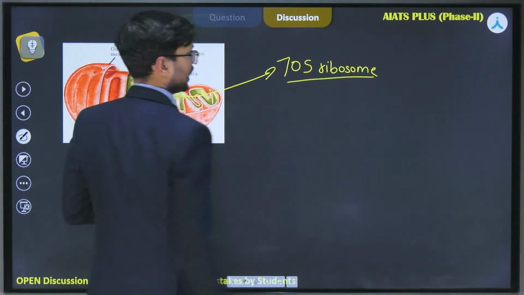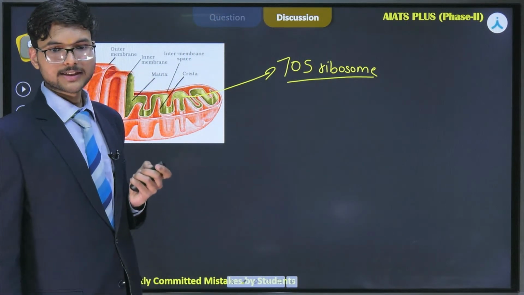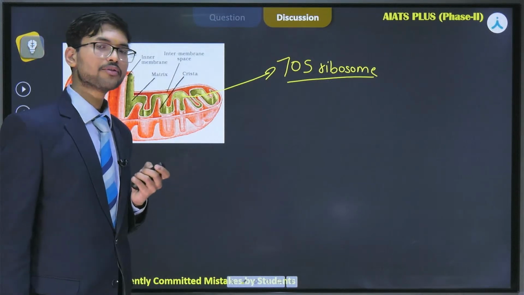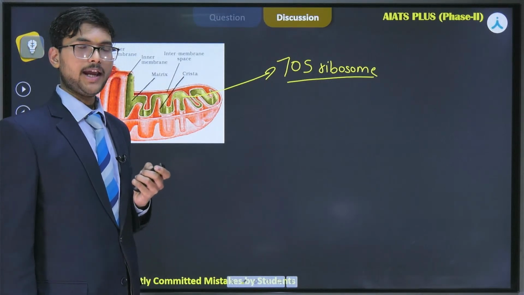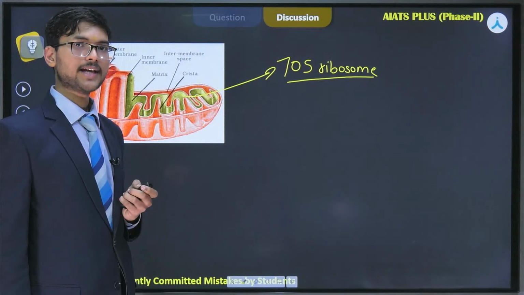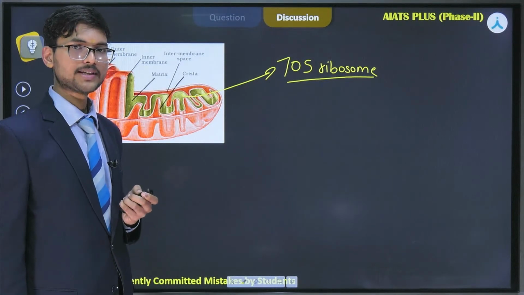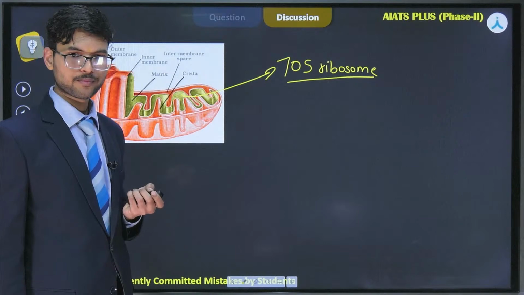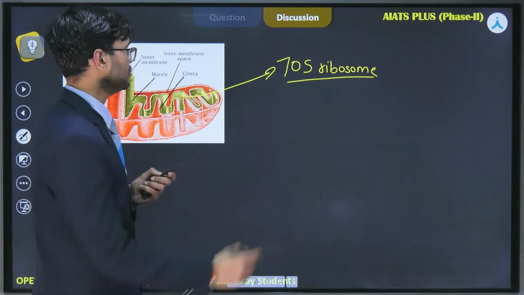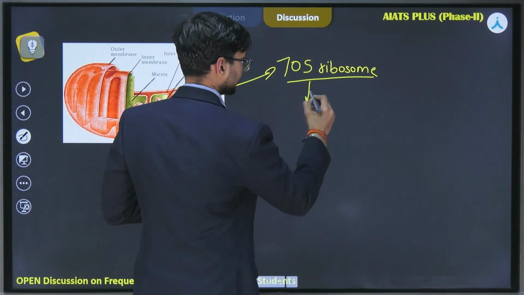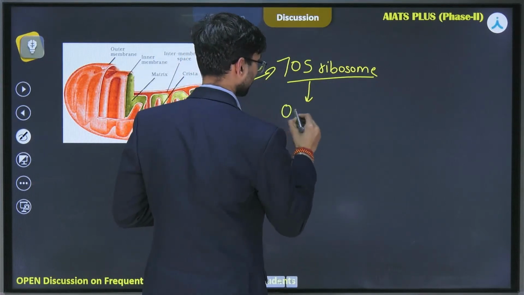Now you know ribosomes are responsible for the process of translation, and from translation you will synthesize the polypeptide chain which can convert into enzymes. So they can synthesize their own proteins.